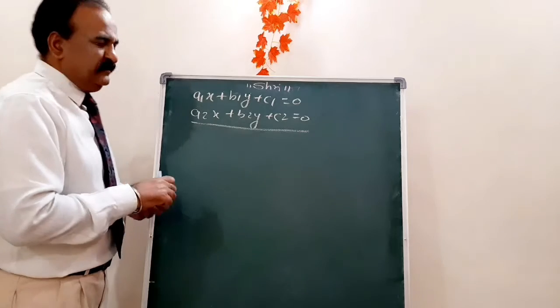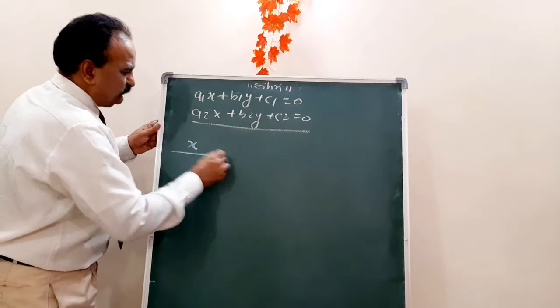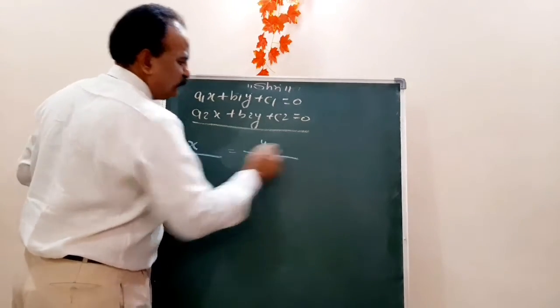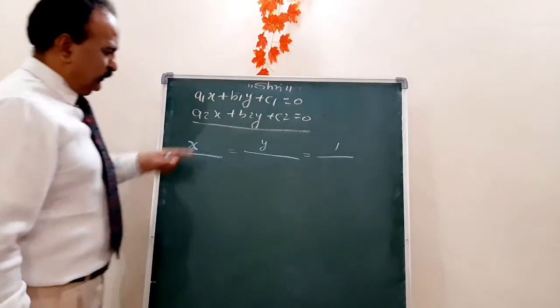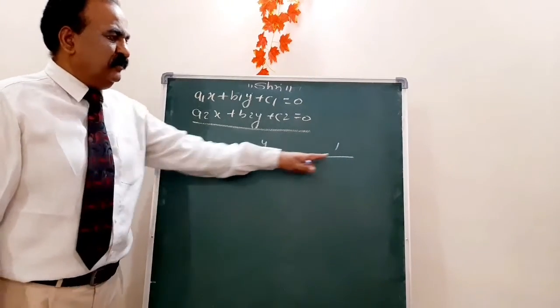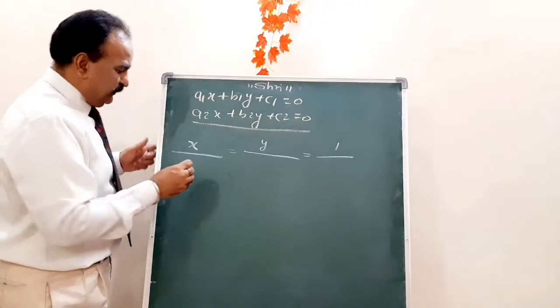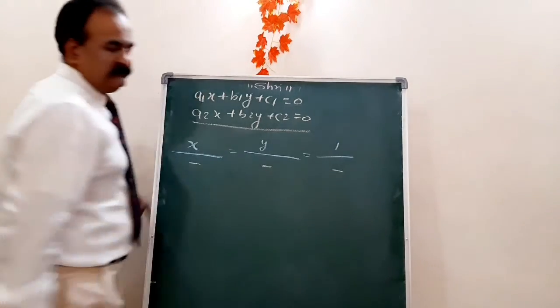First, what you will write, I am just telling you the easy way. Write here x upon, then is equal to y upon, and is equal to 1 upon, and just put a negative sign in between: minus, minus and minus.